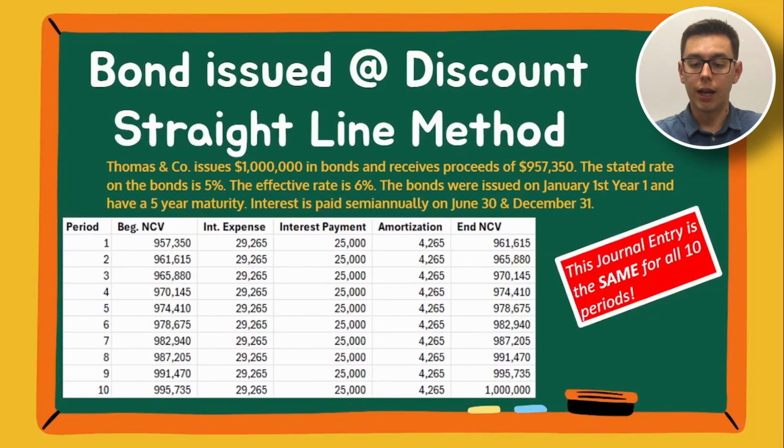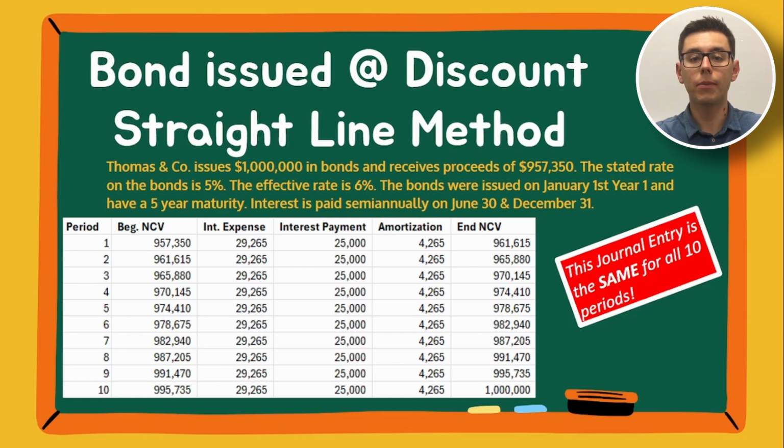Here's a look at our bond amortization table again. The beginning net carrying value, like we said, was $957,350. We calculated our interest cash payment of $25,000, and we calculated the amortization rate of $4,265. Then we added those together to get our interest expense, $29,265. To get our end net carrying value of $961,615, we simply took beginning net carrying value and added the amortization.